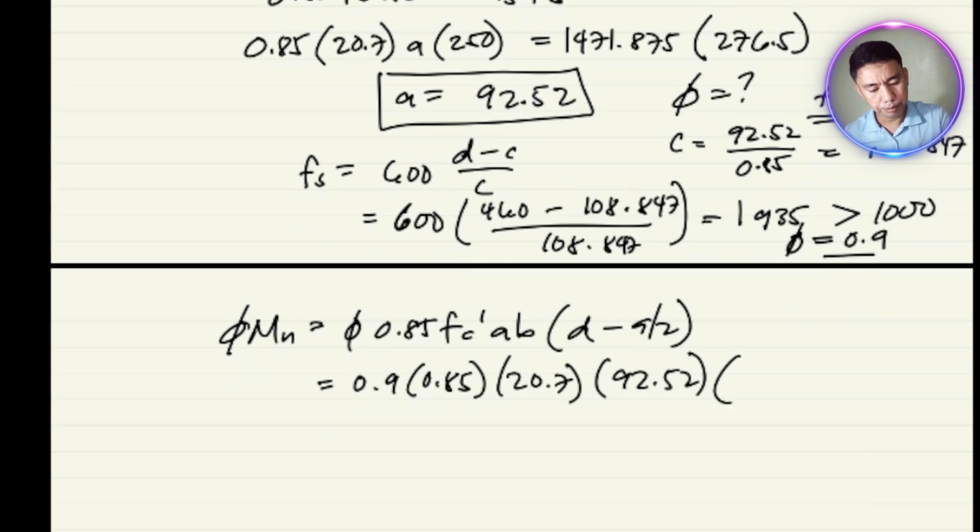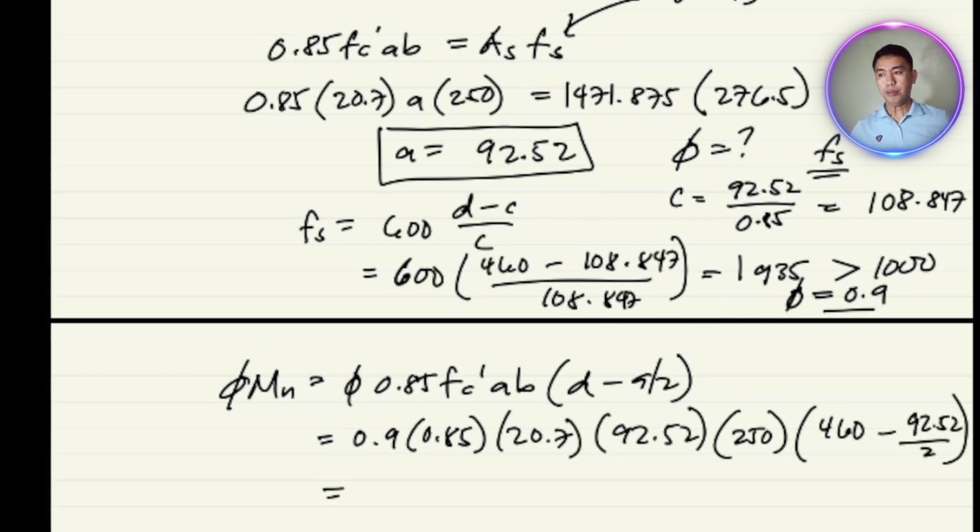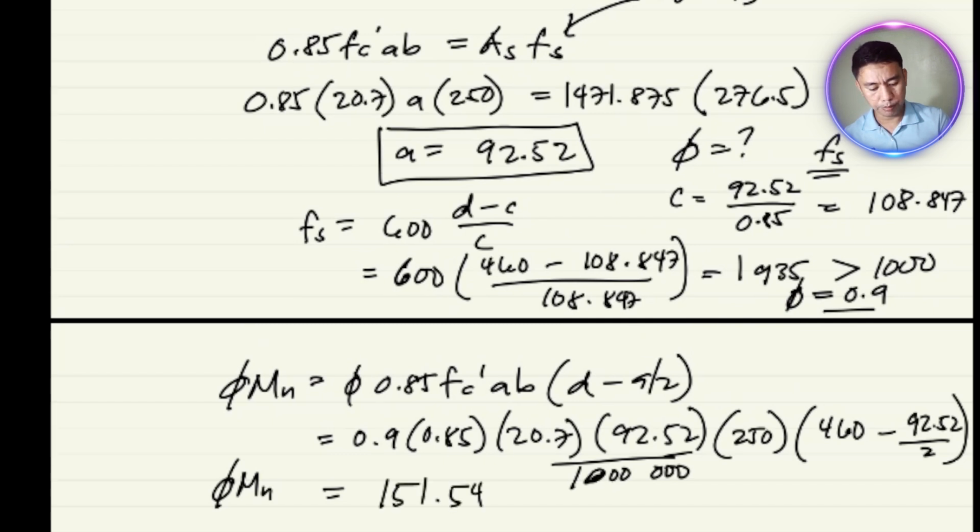Our B is 250. Our D is 460 minus A over 2, A is 92.52 over 2. Of course, we divide by 1 million. So, we have phi Mn. This is equal to Mu actually. So, 151.54 kilonewton meter.